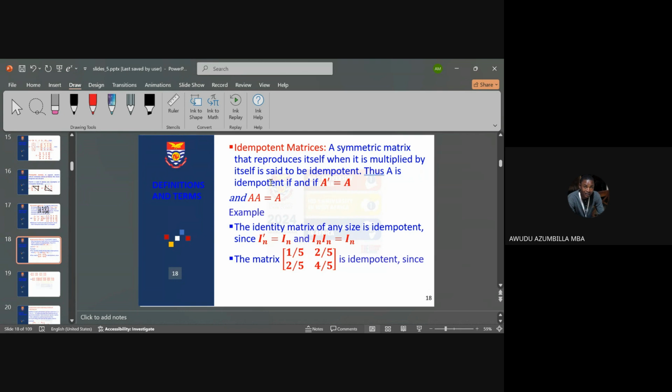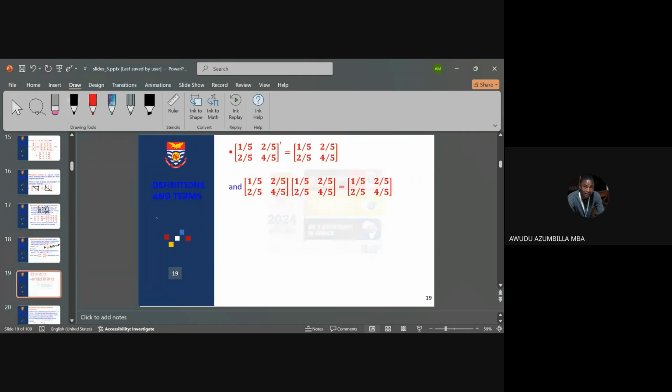So if you have a matrix A and you multiply A by A, and you get A, then it is called an idempotent matrix. We'll come to look at some examples under that.